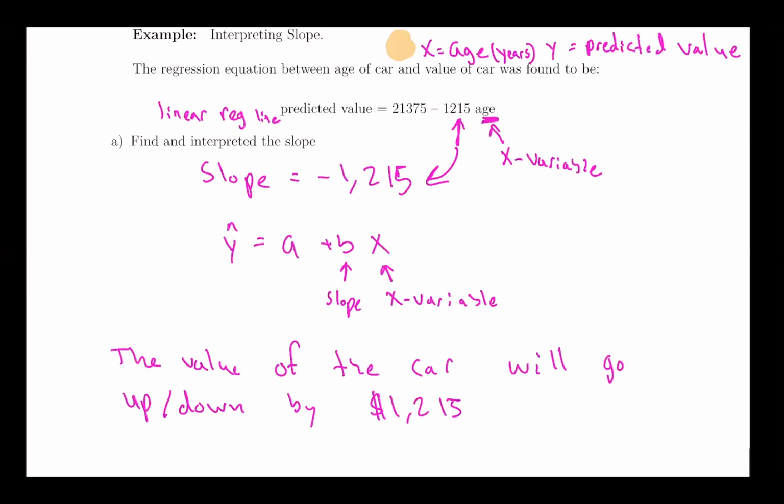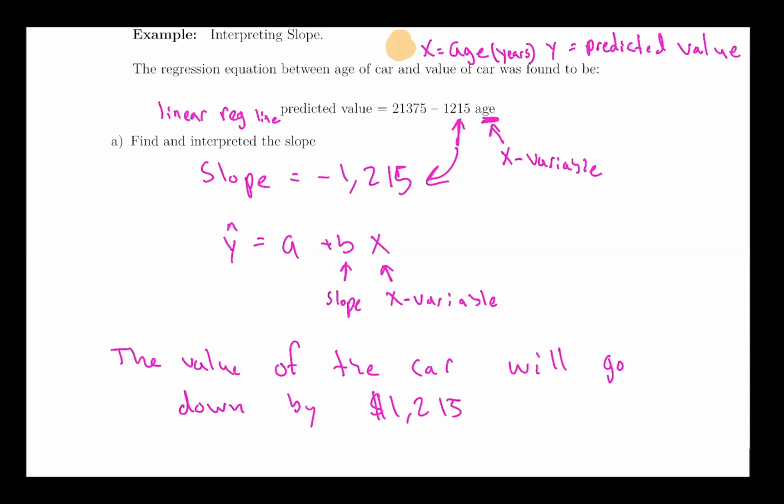Yeah, so we say the value of the car would go down by $1,215. If the sign is negative, you say it's going down or decreasing. If the sign is positive, you say it's increasing or going up.